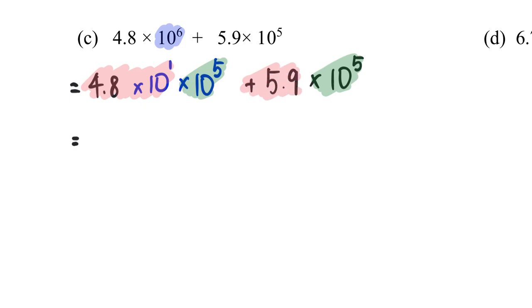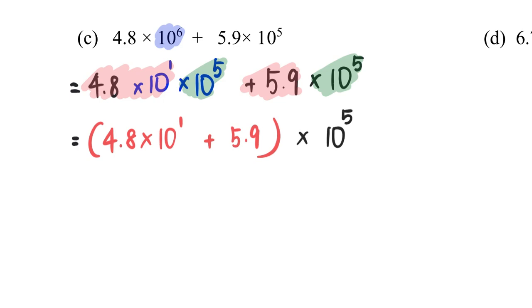So this will give me a value of 4.8 times 10 power 1. I need to plus 5.9. The common factor is 10 power 5. I repeat, this is the common factor which I've taken out.